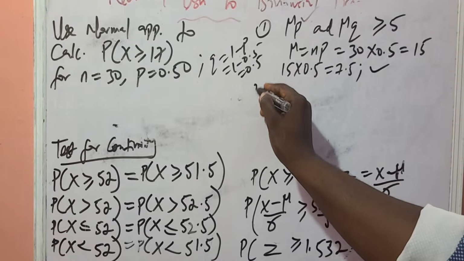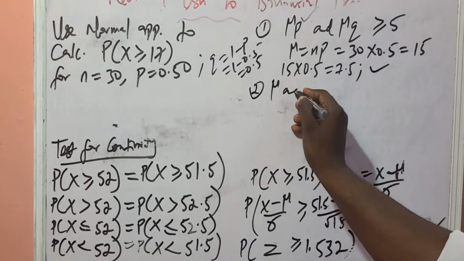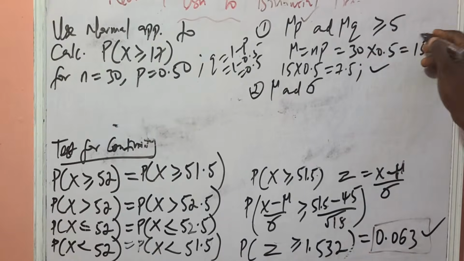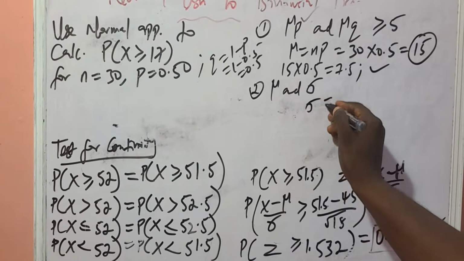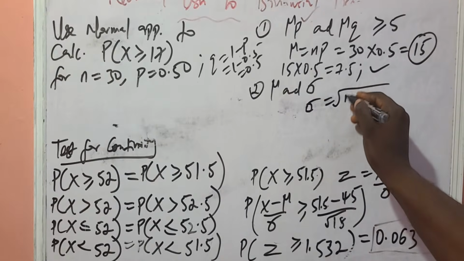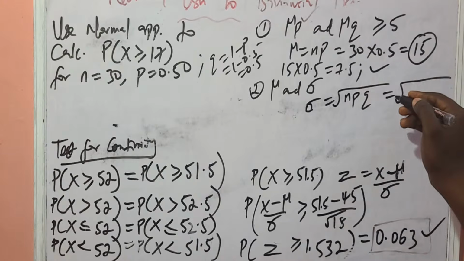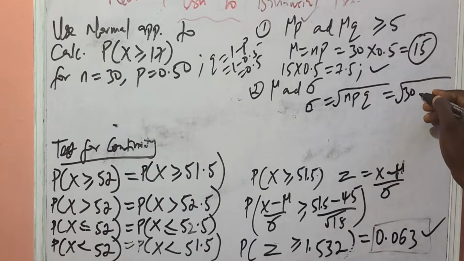Of course, step 2 is to find the mean and standard deviation. We already have the mean to be 15, but our standard deviation will be the square root of npq. That will be the square root of n, 30, times p, 0.5, times q, 0.5.